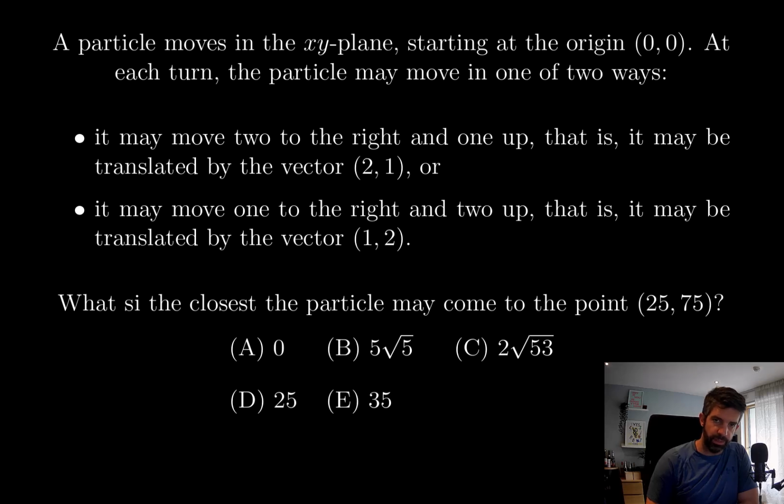So I guess what we could do is say that the coordinates of the particle, let's call it n and m. n is the number of times moved the first way, and m is the number of times moved the second way.